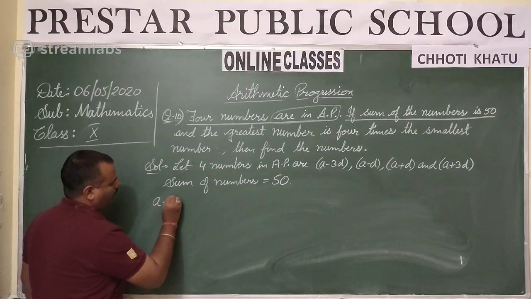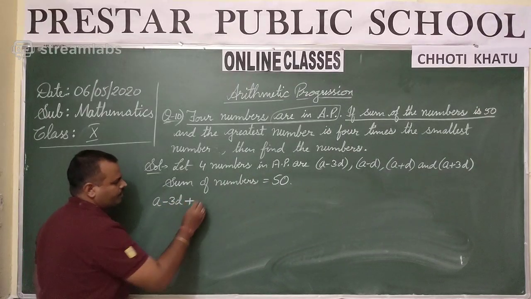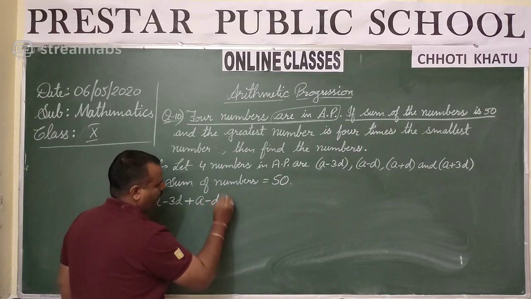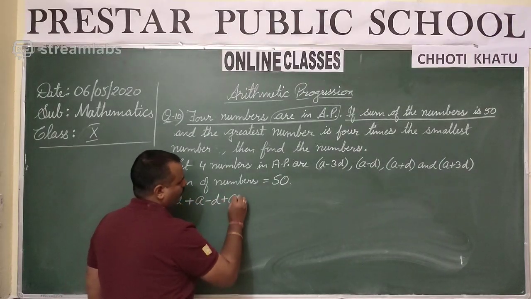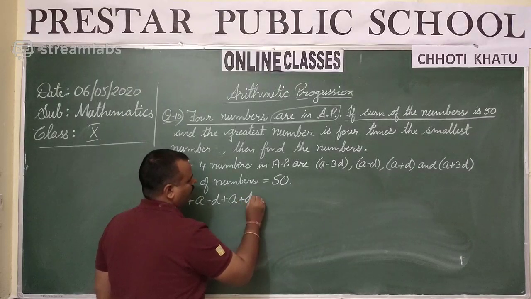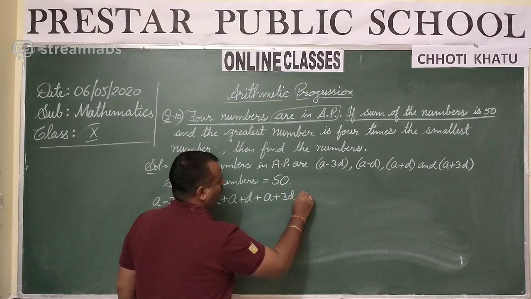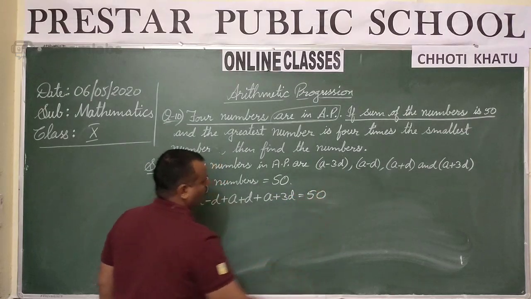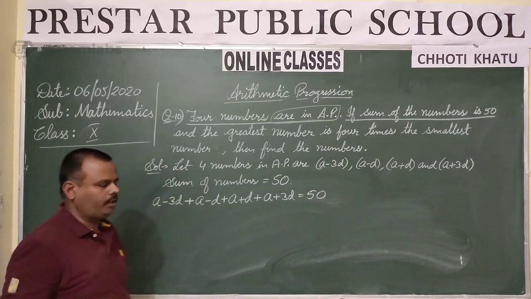A minus 3D is the first number, plus A minus D is the second number, plus A plus D is the third number, and A plus 3D is the fourth number. So the sum of all these is equal to 50.